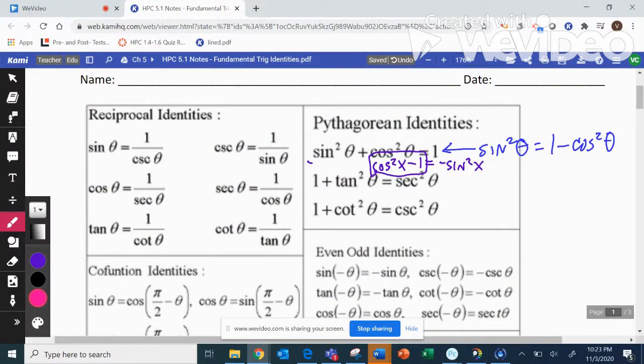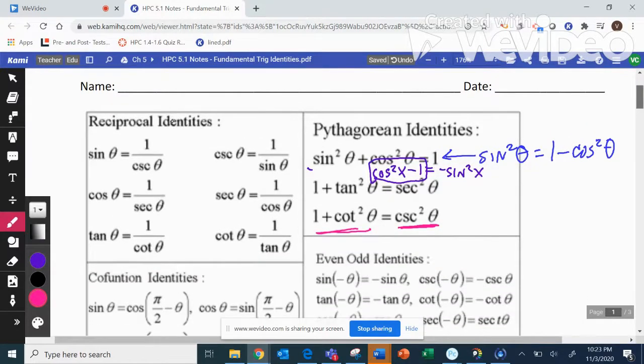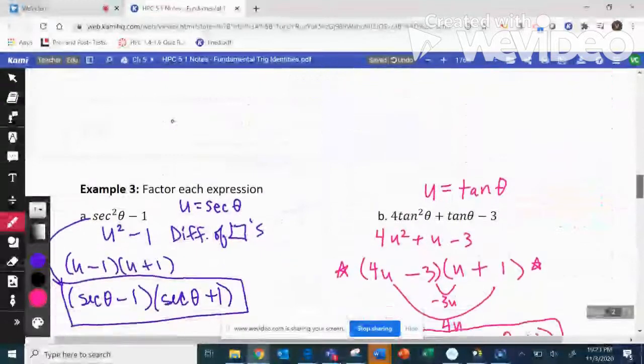And I just gravitated towards the Pythagorean identities because I have experience using these before. So I knew that there was something to do with that. Here we've got cosecant squared x is equal to 1 plus cotangent squared. Or I'm sorry, theta, not x. 1 plus cotangent squared theta. So I'm going to substitute that.